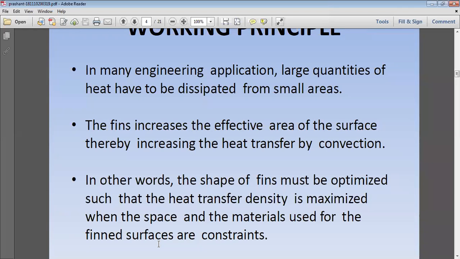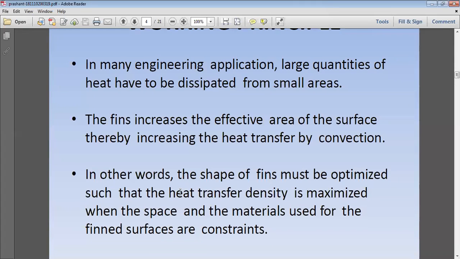If it is a rectangular type of object, then we need to provide rectangular fins. N number of rectangular fins will be provided over the surface of the rectangular shape. This will maximize the heat transfer rate to the surroundings.